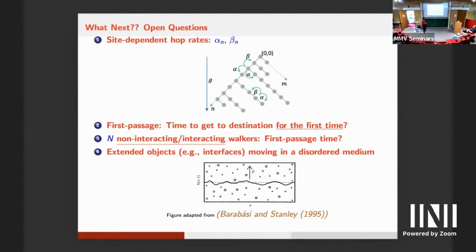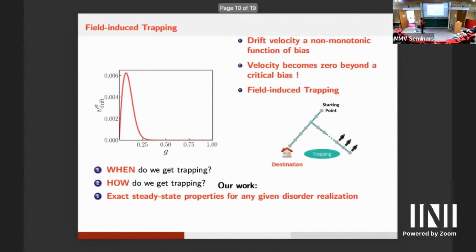Well, one thing is that here I'm looking at a very microscopic way of doing things. I would say this feature is not so much tied to the particular model that you look at.